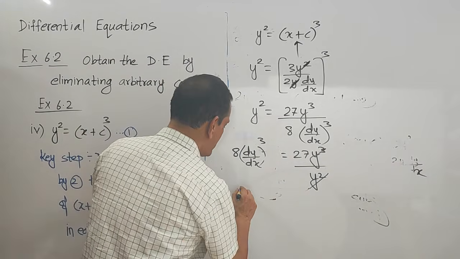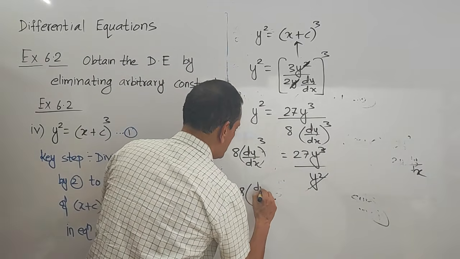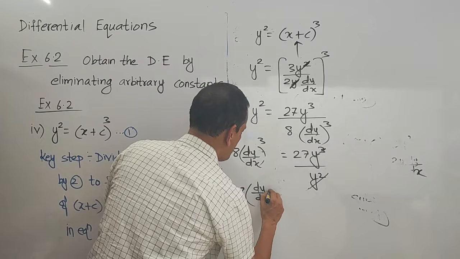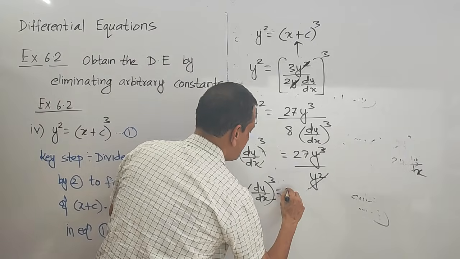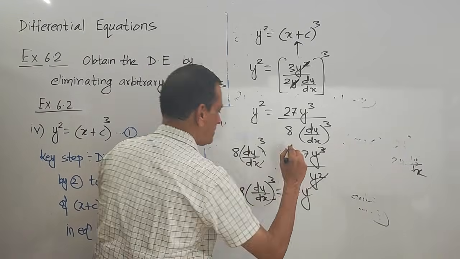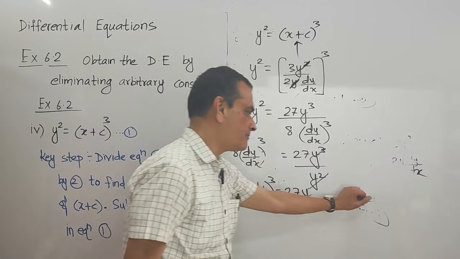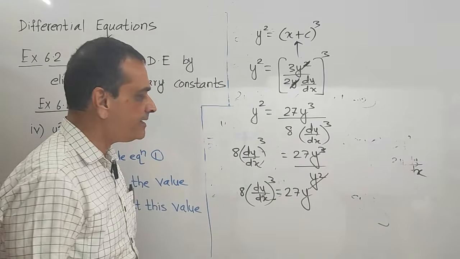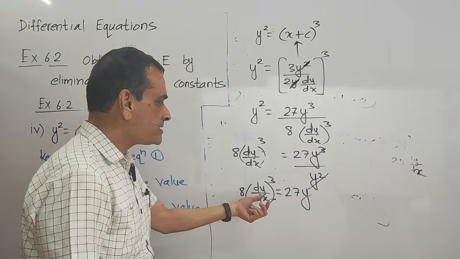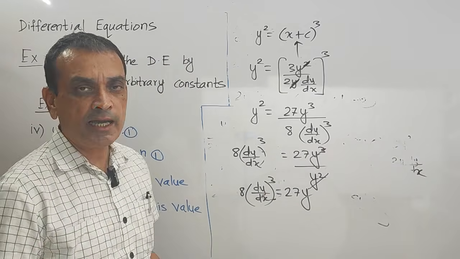So your final answer is 8 (dy by dx) bracket cube is equal to 27y. That is the final answer. Okay? Or if you take this on the left hand side, 8 (dy by dx) bracket cube minus 27y equal to 0.